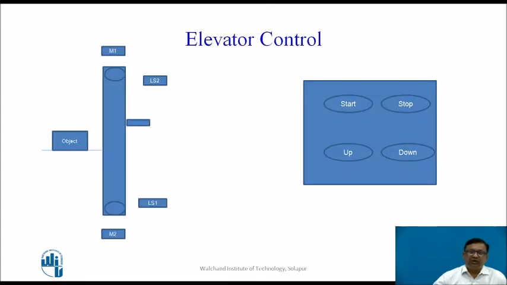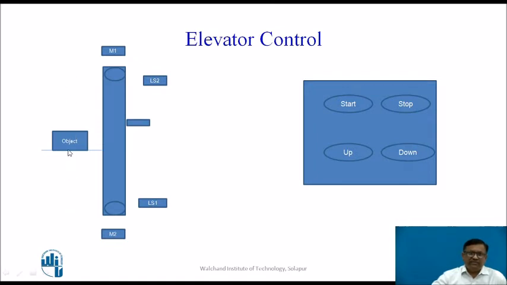Here, this is what the general operations involved in elevator control. Here we have 4 switches. This is a control panel, and here we have the elevator control system, which consists of lifting this object up and down.